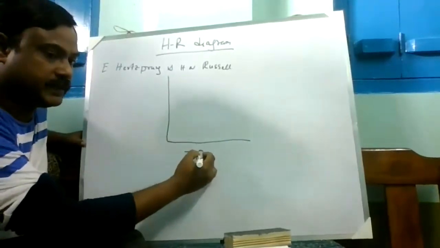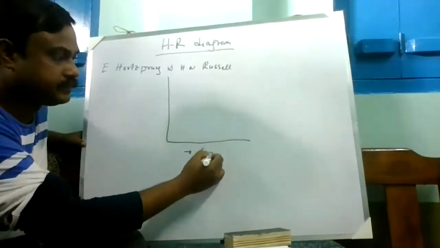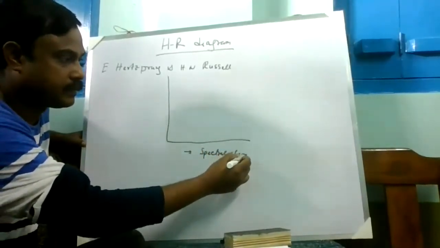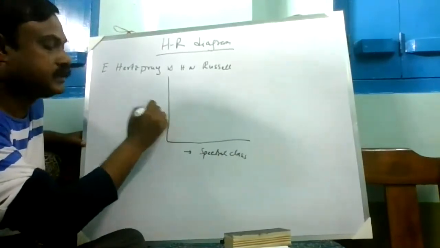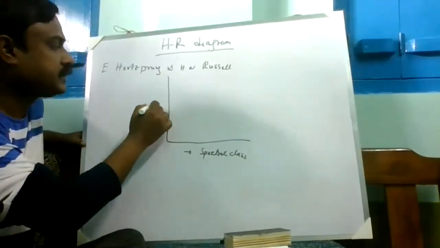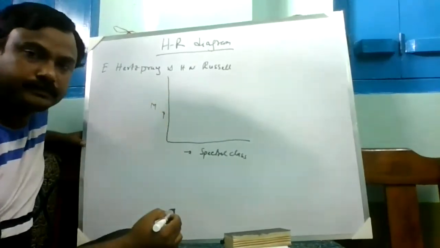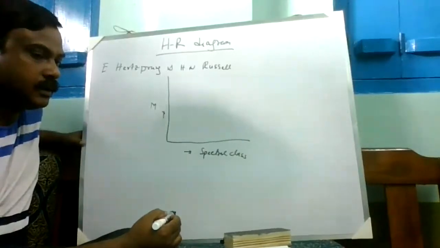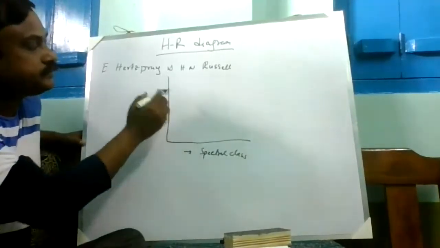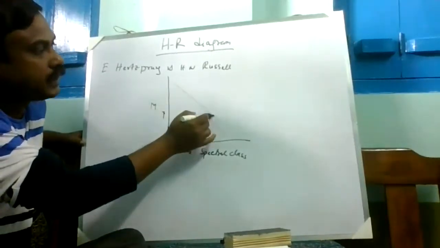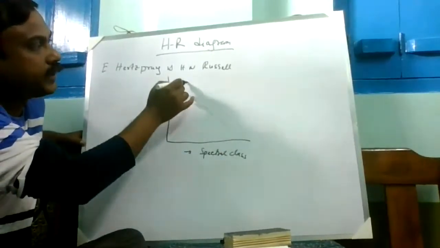Here it was the spectral class, and this is absolute magnitude, M. Then he found, and the stars are plotted.